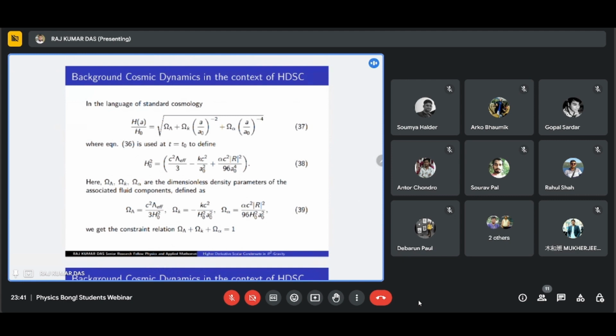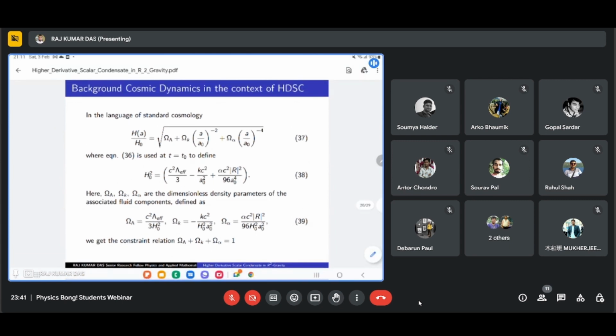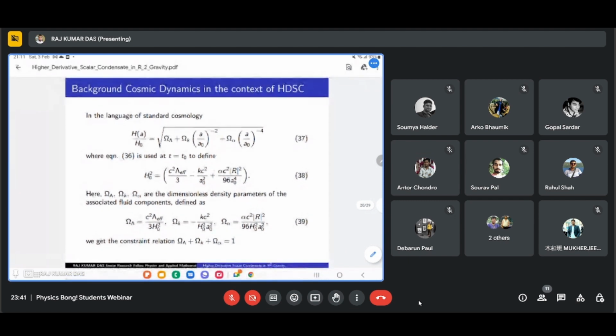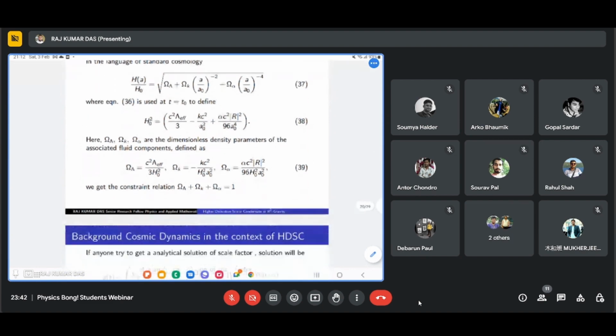This is a dimensionless parameter, and the sum of all components equals 1. That means in the total universe, these three types of components are present in our model: the cosmological constant, curvature, and this alpha, which shows the radiation domination picture of the universe.